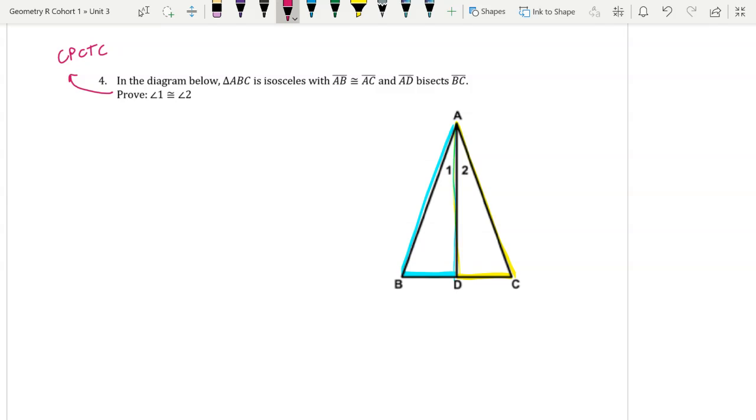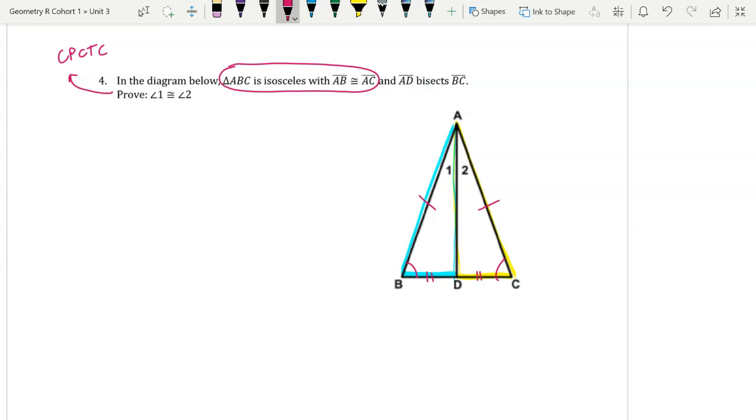It says triangle ABC is isosceles, and AB is congruent to AC, meaning angle B and angle C are the base angles. So those two givens together tell us those angles are congruent. It then tells us that AD bisects BC, so BD and CD are congruent. And then I should be able to see right away just by labeling that that's a side angle side proof.